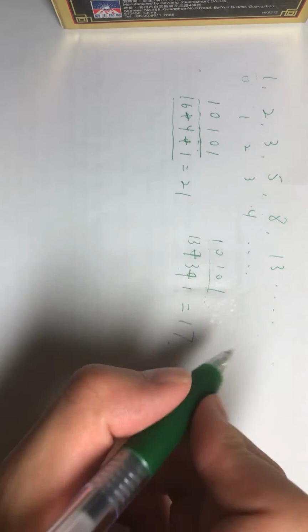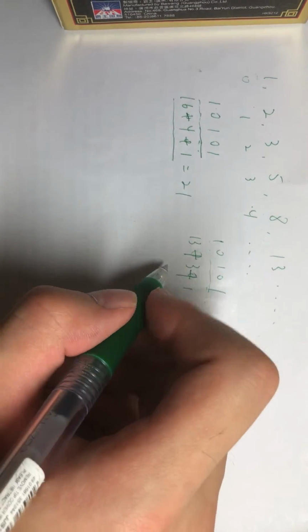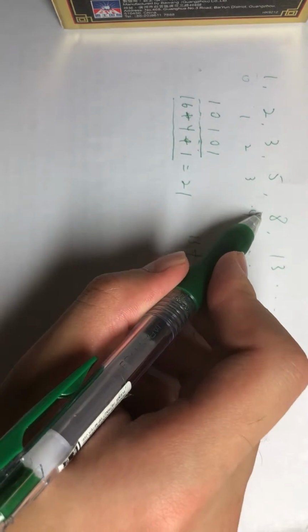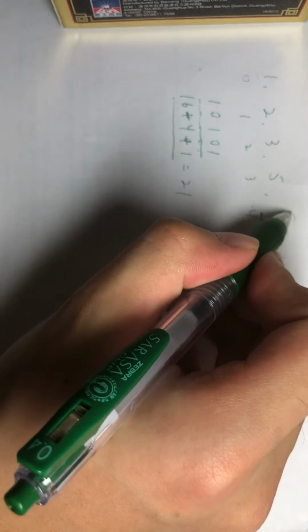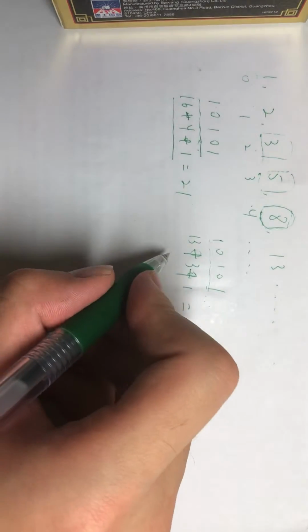But we need to mention that, because of the definition of the Fibonacci numbers, every number is equal to the addition of the former two. For example, 8 is equal to 3 plus 5.